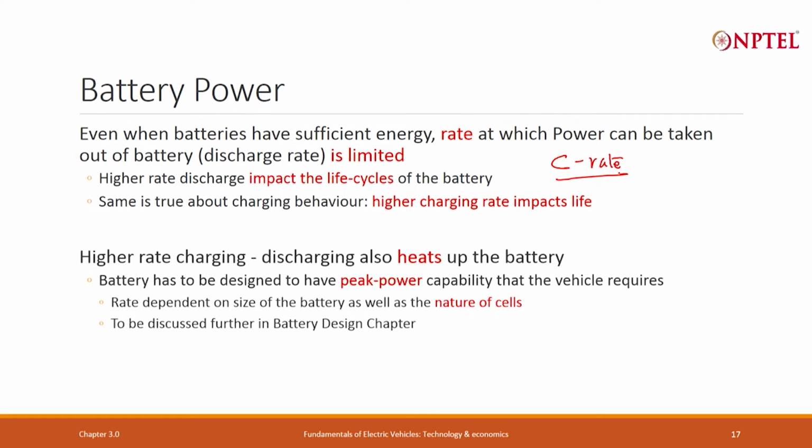Higher rate charging and discharging also heats up the battery. We will later on see that these batteries have an internal resistance, and whatever current you are putting in, I square R, where R is the internal resistance, will be dissipated as heat, both during charging as well as during discharging.